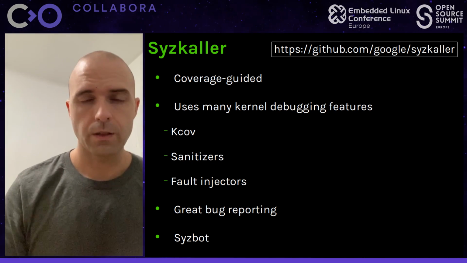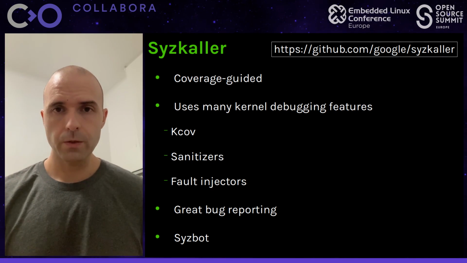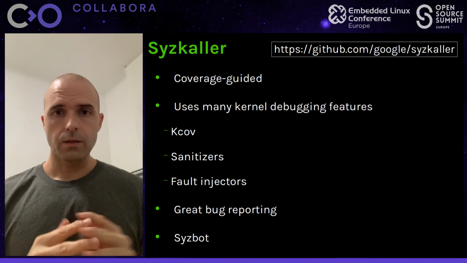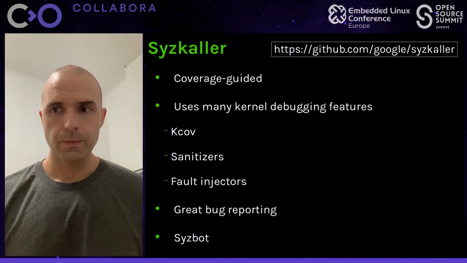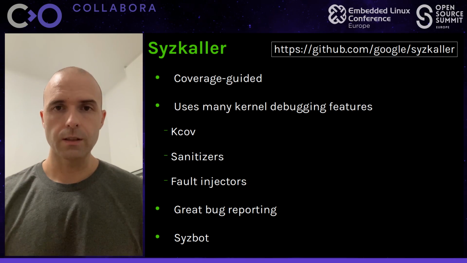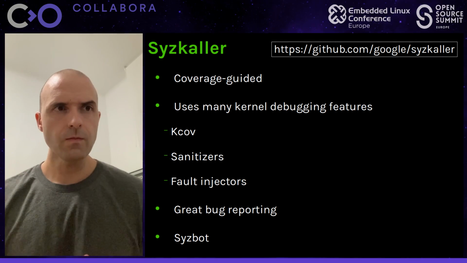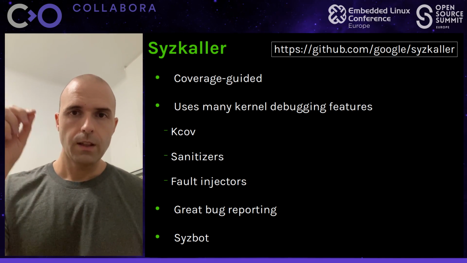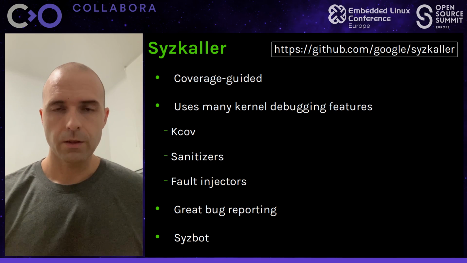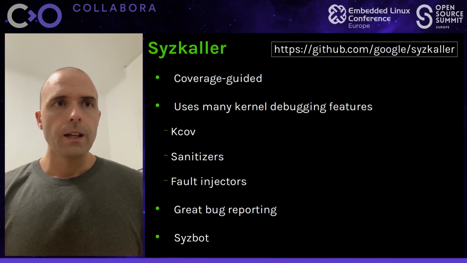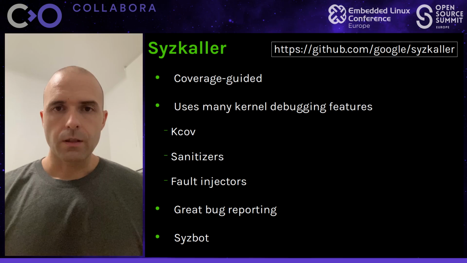Now, as we saw, in order to improve the fuzzing process, Syzkaller uses a few kernel debugging features. The most important one is kcov. Kcov is something you can enable when you are compiling the kernel, when you are building it, and is key to Syzkaller.